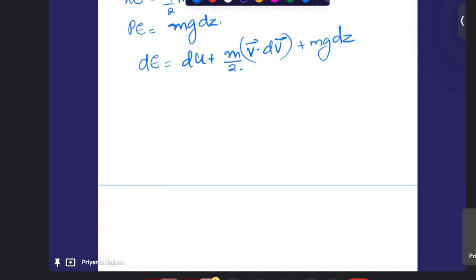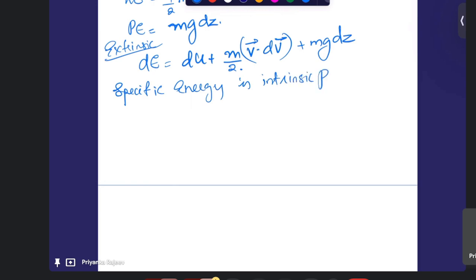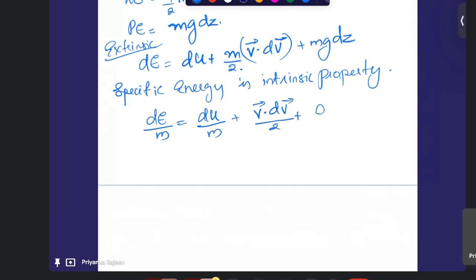Now we will discuss something called specific energy. Specific energy is per unit mass. So this is extrinsic, and specific energy is an intrinsic property, which can be obtained by dividing everything by m. So we get V dot dV by 2 plus g dz.